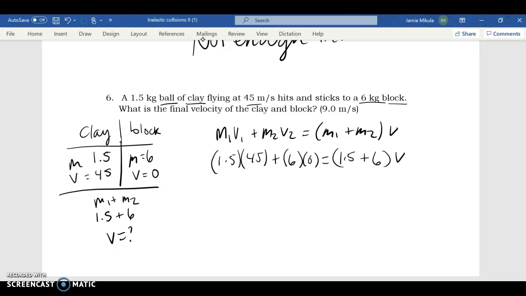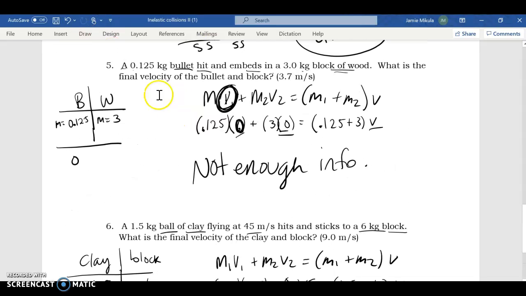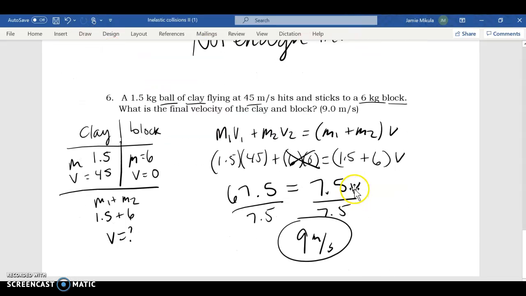And so I'm going to do 1.5 times 45, which is 67.5, and this is going to be 0, so I'm going to cancel that out. And this will be 7.5v, and then divide the 7.5 under, and you get 9. All right, so I do think we're missing some information in number 5 to be able to solve for that.